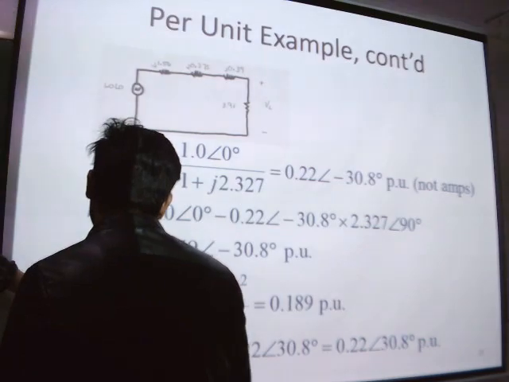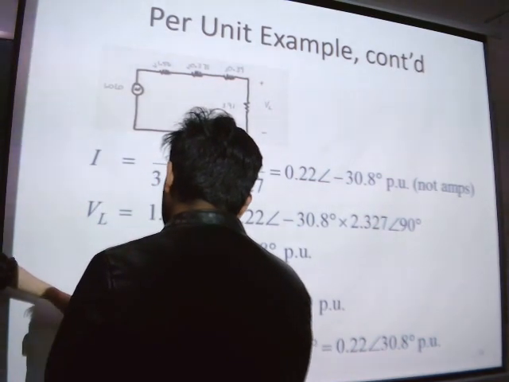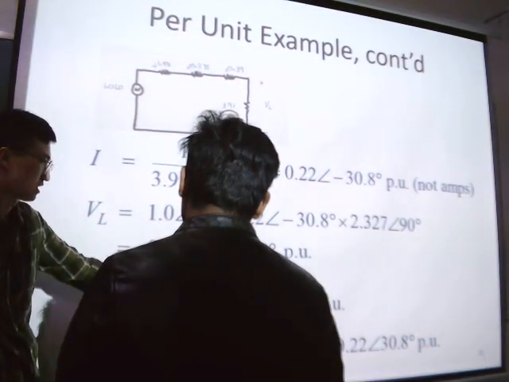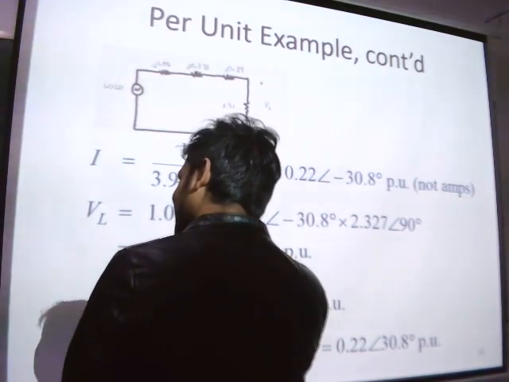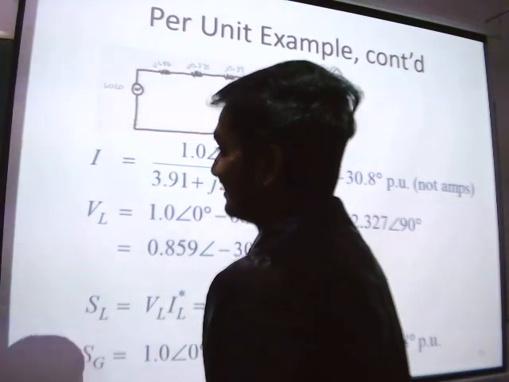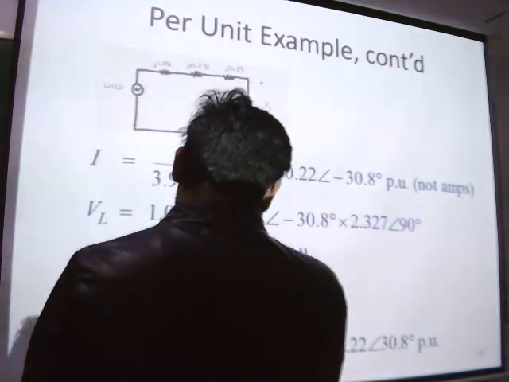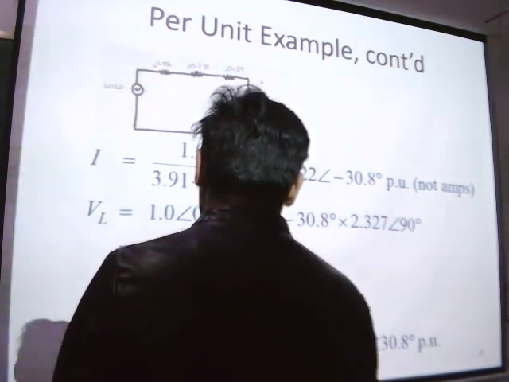But here is the definition of the complex power. You remember? The voltage multiplied with the conjugate of the current. In the previous one, you could just say the natures, that's almost zero. Don't worry about it.